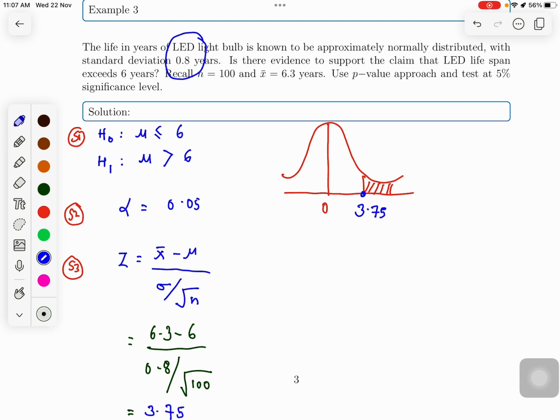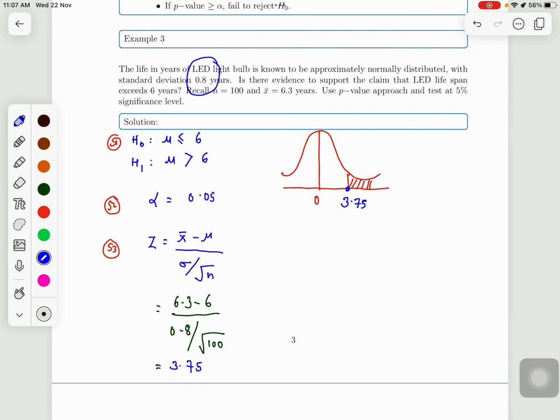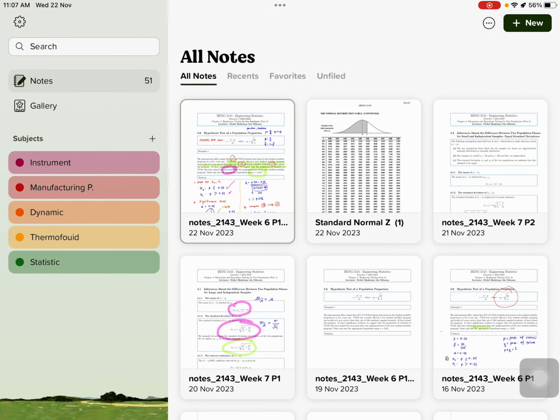So 3.75. So seperti biasa, we take a look at our normal distribution table.